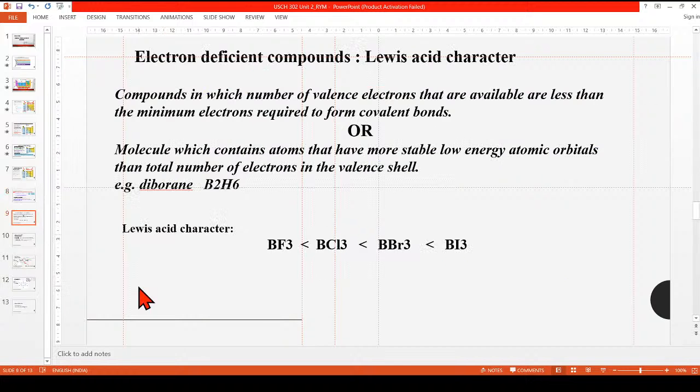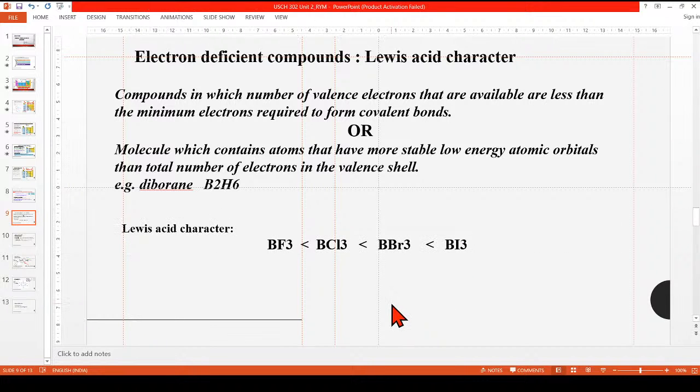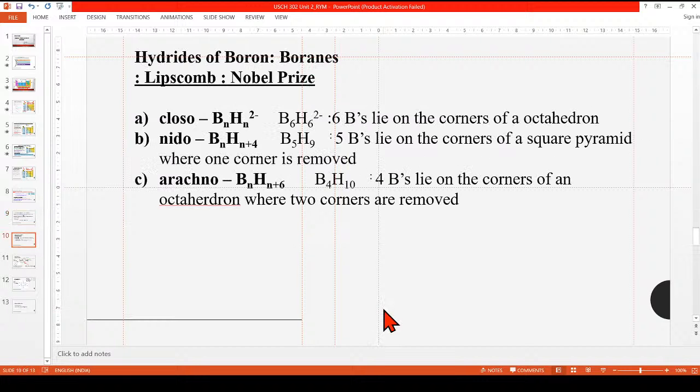Melting point, remember example of gallium. Electron deficient compounds का definition plus Lewis acid characteristics of halides of boron. Okay, then hydrides of boron में classification याद रखो.